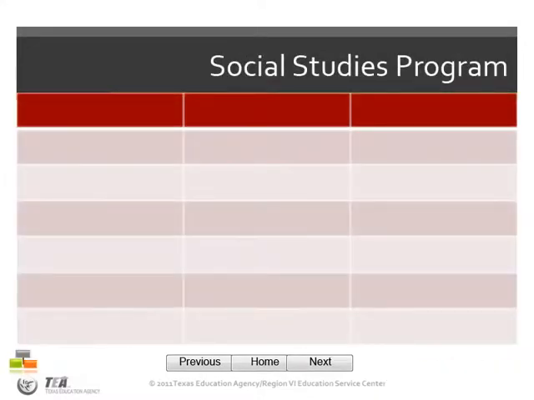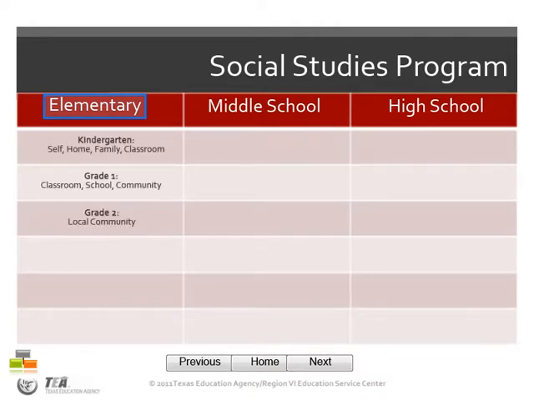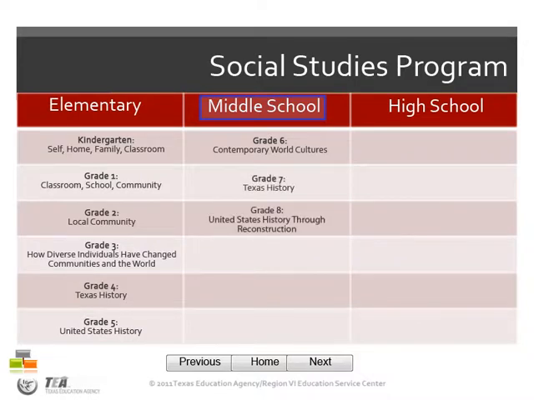The Social Studies program consists of elementary, middle school, and high school courses. Elementary courses cover various communities including home, class, neighborhood, and city. Elementary courses also include Texas history and United States history. Middle school addresses contemporary world cultures, Texas history, and United States history from the early colonial period through Reconstruction.